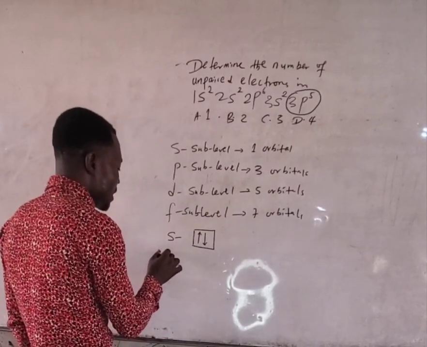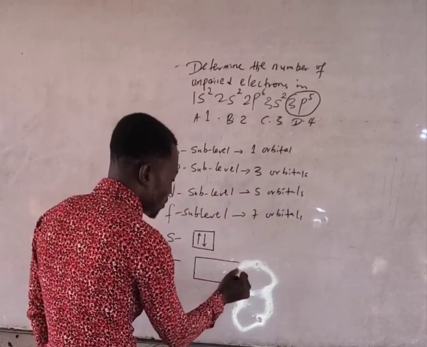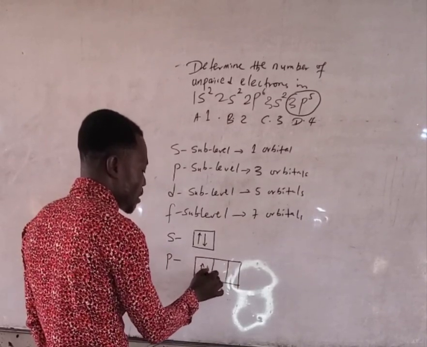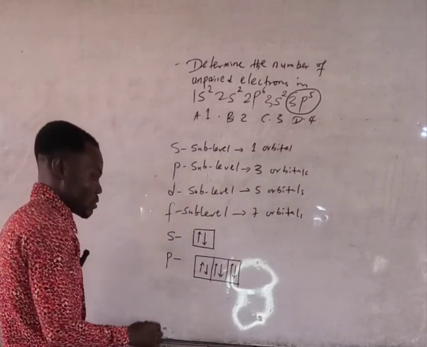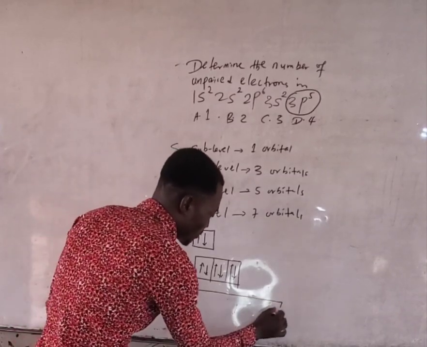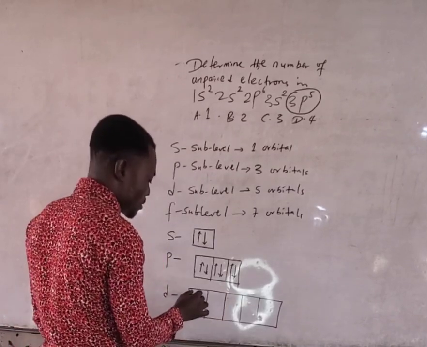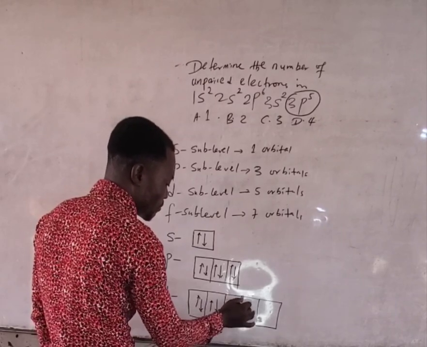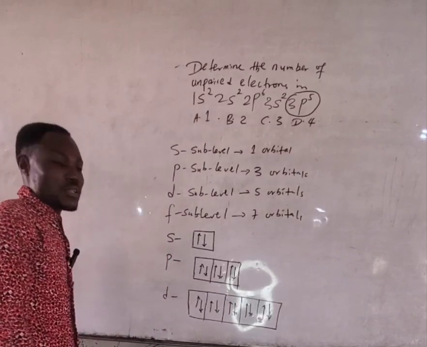Then in the p sublevel, we have 3 orbitals. Each orbital can hold a maximum of 2 electrons. Then we have the D, which has 5 orbitals, each holding a maximum of 2, so 10.